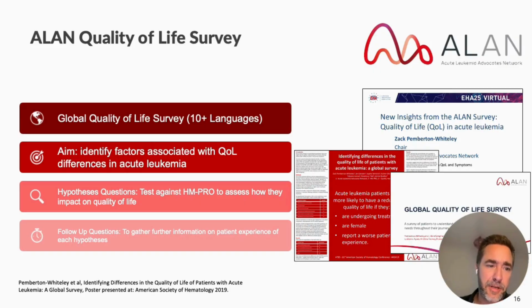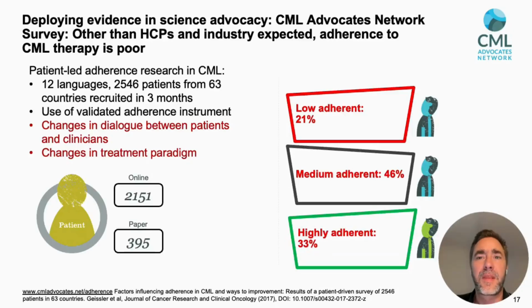And that data has been published in conferences like EHA and ASH, in scientific peer-reviewed journals, and also on the internet. And it's heavily used by the community to advocate for more attention to quality of life of those that survive acute leukemia.